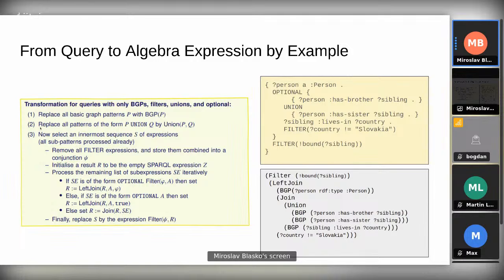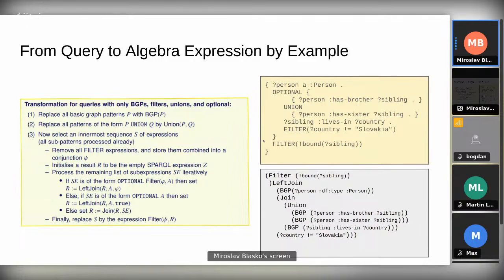Then the next step is you replace all patterns of the form P union Q. So here it is, union, BGP, BGP, and here is the parentheses, and here should be the closing parentheses.